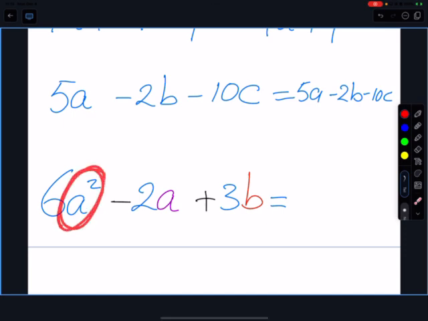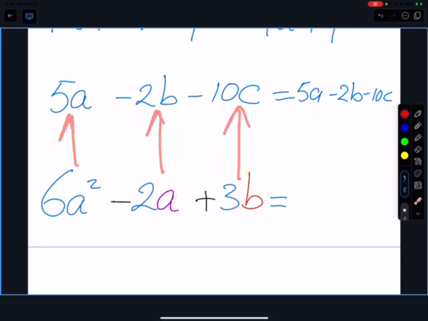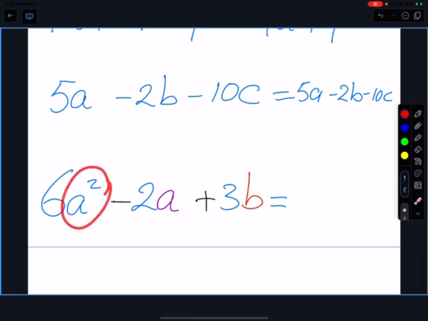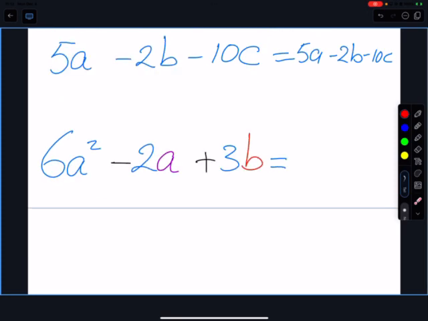The variable. These have to be the same. If none of them are the same, it's the same thing as this equation. You cannot subtract a from a squared. They are not the same variable. They have to be the same, with addition and subtraction. If it's multiplication and division, it's something else.